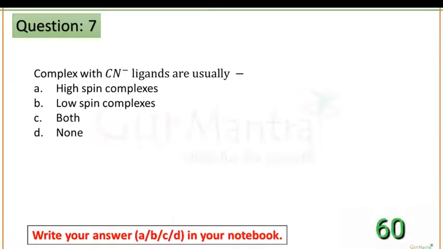Complex with CN- ligands are usually high spin complexes, low spin complexes, both, or none of these.